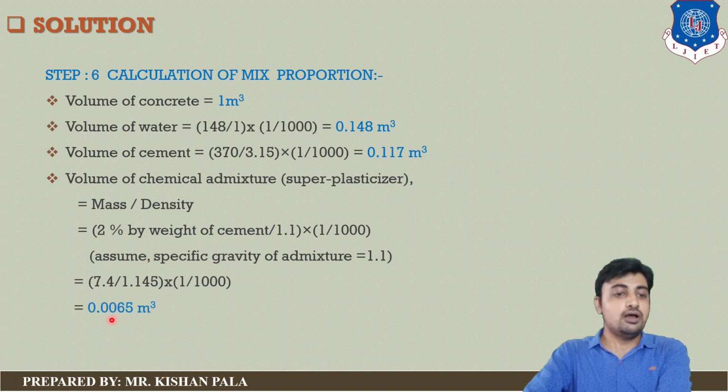So we have volume of super plasticizer is 0.0065 meter cube. So our volume of concrete is 1 meter cube, volume of water is 0.148 meter cube, volume of cement is 0.117 meter cube, and volume of chemical admixture is 0.0065 meter cube.